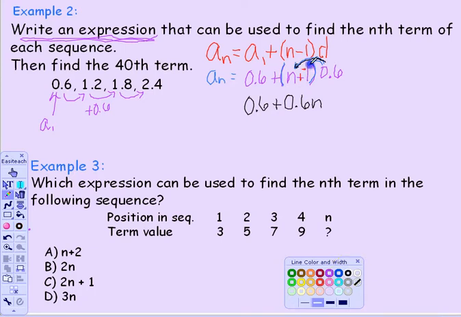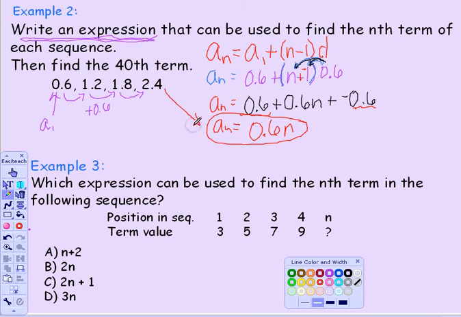And now we have 0.6 times a negative 1. So that's a negative 0.6. Now we can simplify by combining like terms. If a sub n equals, here's a constant and here's a constant. They actually equal 0. That won't always happen. It did in this case. 0.6n. That is our general equation for this sequence.